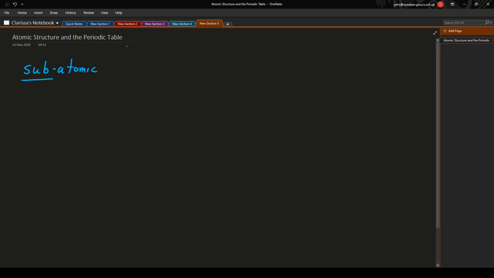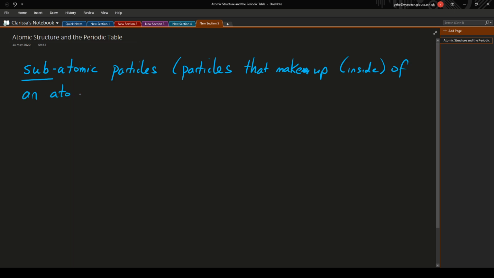So basically, subatomic particles are particles that make up, inside of, an atom.